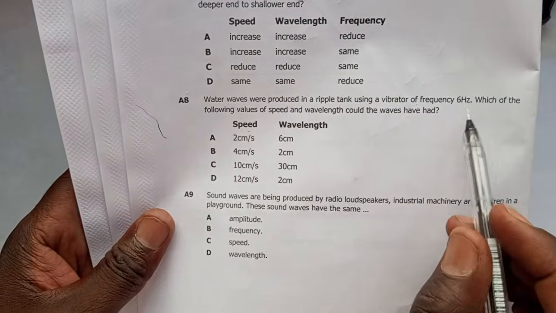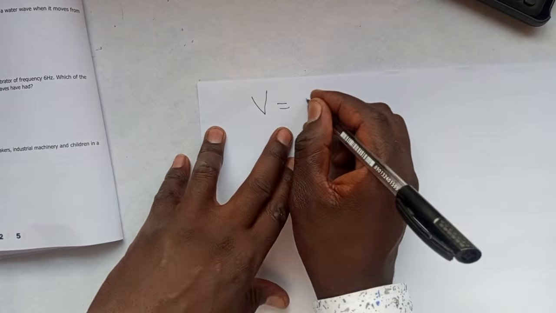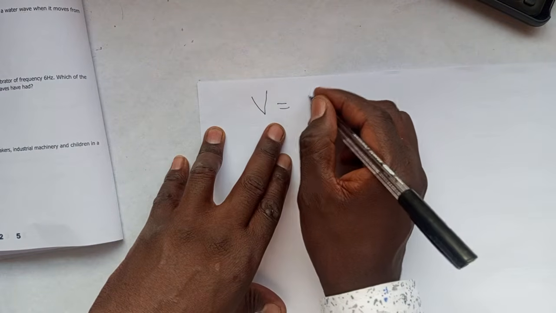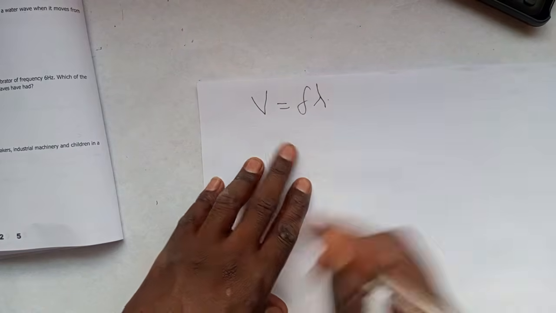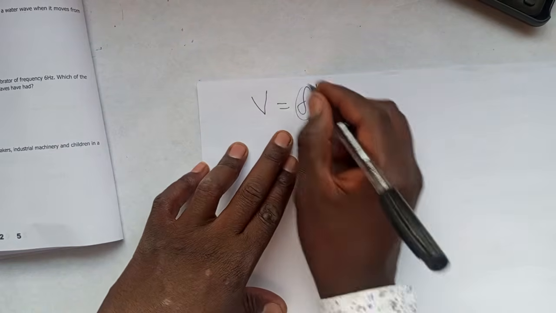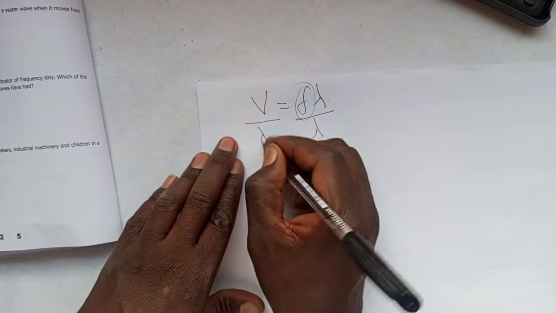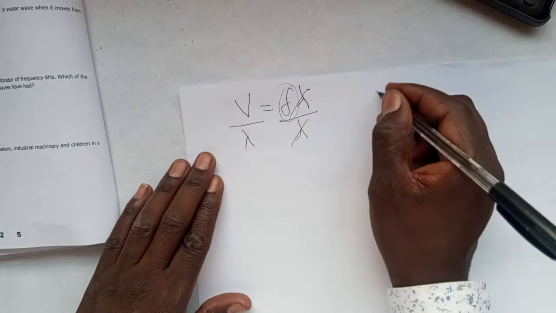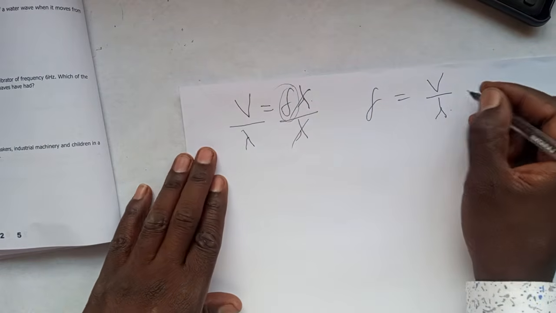We need to make sure that we use these values, okay? We use this and this to produce this. But remember, the formula for speed of a wave is frequency multiplied by lambda, which is wavelength. So if we want frequency to be the subject of the formula, we divide by wavelength on both sides, so that we have frequency being speed over lambda, or wavelength.